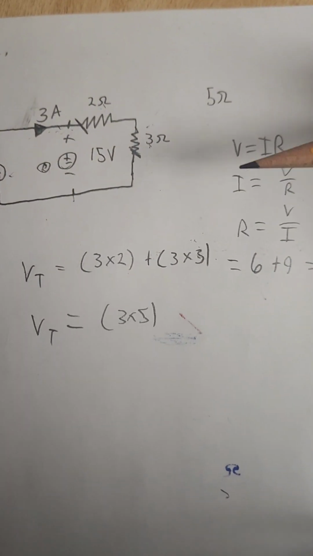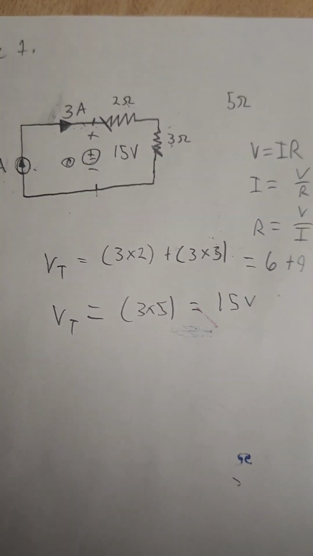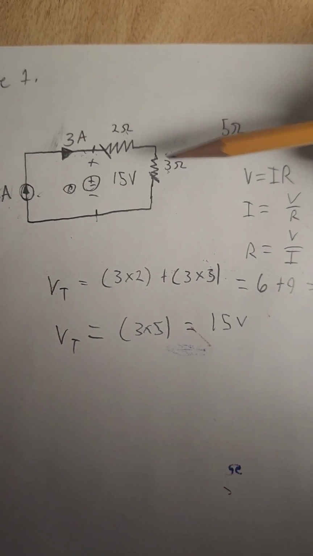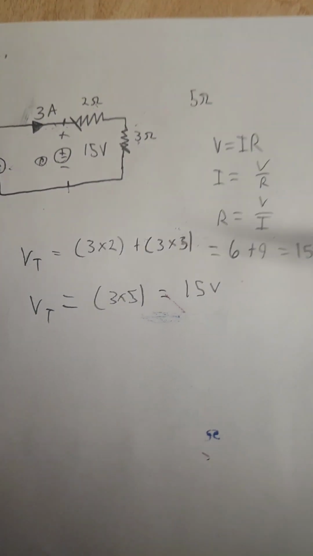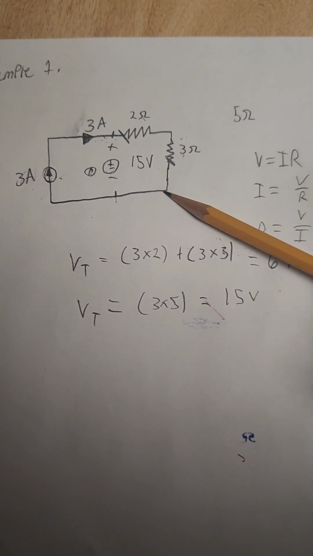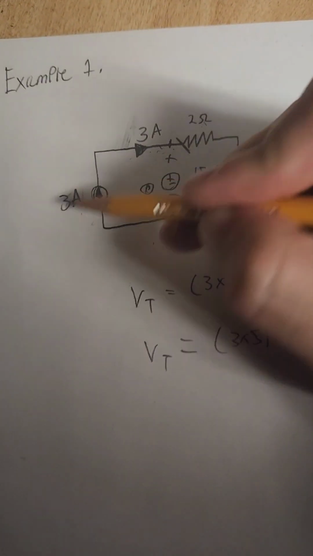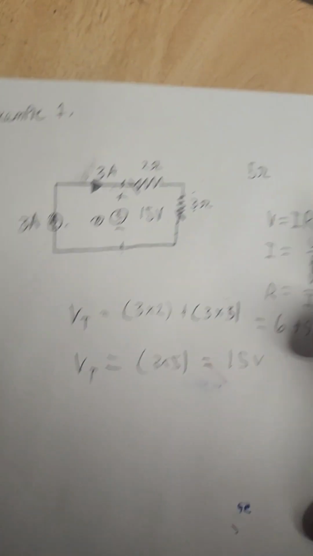So hopefully that makes a little bit more sense. And then here is also 15 volts, which makes sense because the resistances added together is the same thing in series. So 15 volts, two different ways of getting the same answer, but we know that this 3 amp current source also supplies 15 volts.